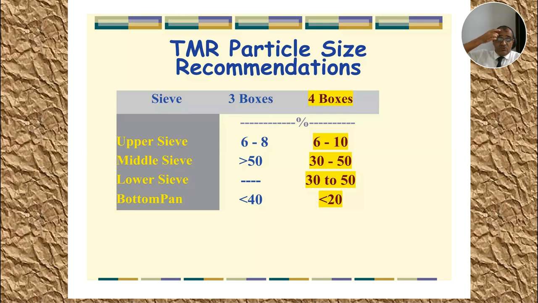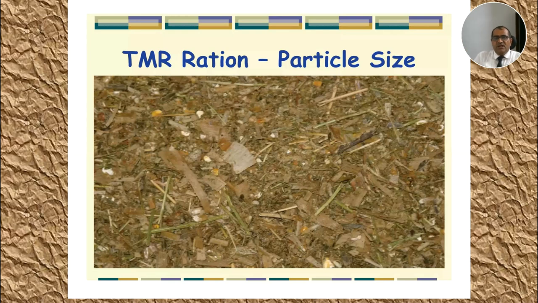The middle sieve should be more than 50, or in the case of the 4 box system, in the range of 30 to 50, and the lower sieve 30 to 50. Then the bottom pan less than 40 and more than 20. The TMR particle size looks like this. The leaf blades with higher size will always be reduced to a lesser one.